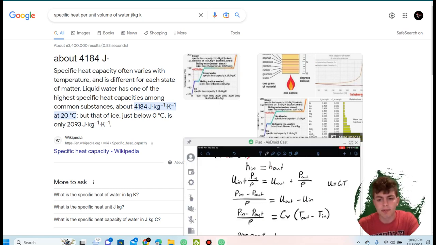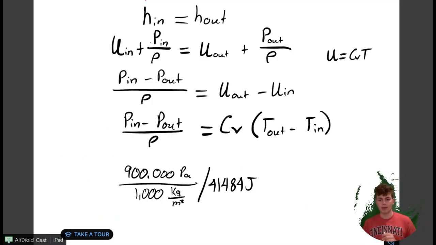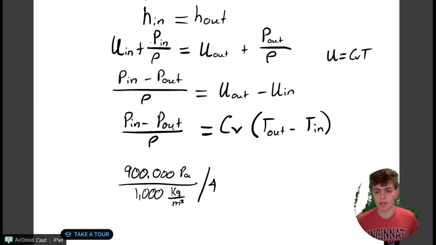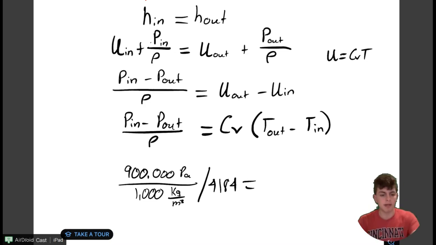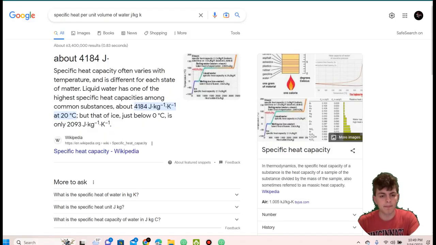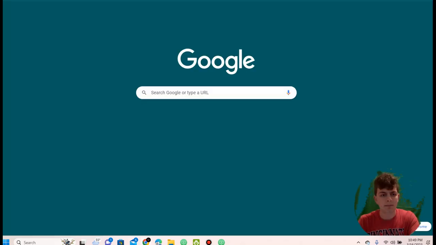So let's go ahead and pull this back up here. Alright. 4184 joules here. Alright, 4184. And with this, we could go ahead and plug that into some sort of calculator. Let's see.